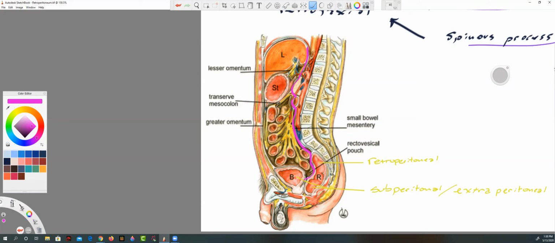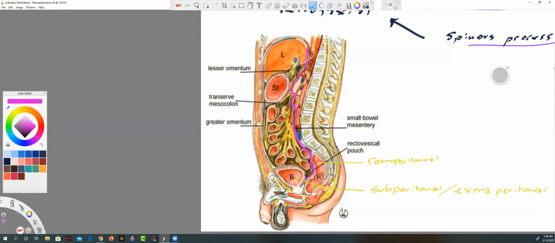So the transverse colon is all the way out here, nowhere near the posterior retroperitoneum. But as the ascending and descending go up and down, they actually will come back and follow back down. And in fact, the first part of the rectum is retroperitoneal because it is behind the peritoneum.